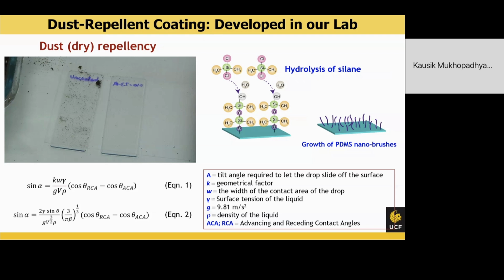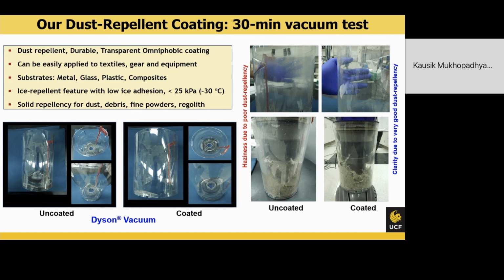We have also coated it on various vacuum collectors, and we can coat it on substrates like metals, glass, plastic, and composites. We have seen solid repellency of dust, debris, and regolith.